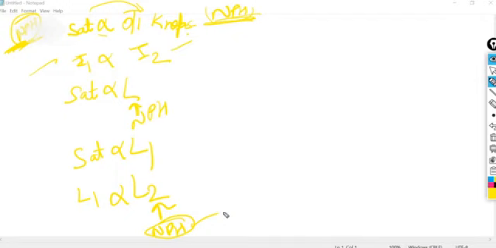So for an NP-hard problem, any problem you can say, we have a non-deterministic polynomial time algorithm for satisfiability. That's why it also comes in the category of NP complete. What does it mean actually?